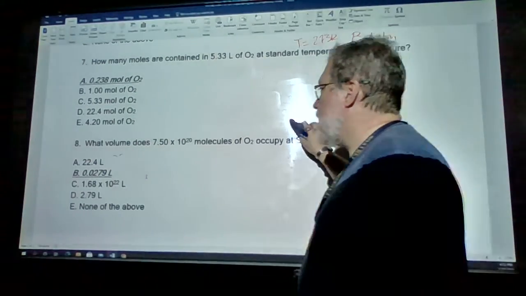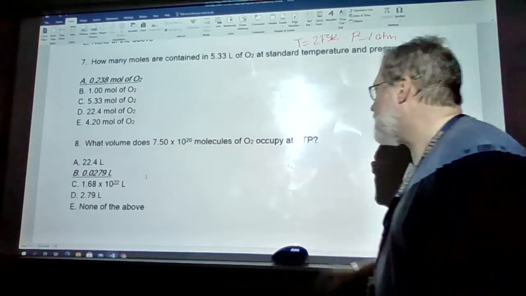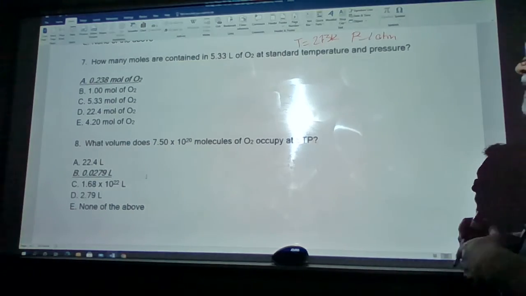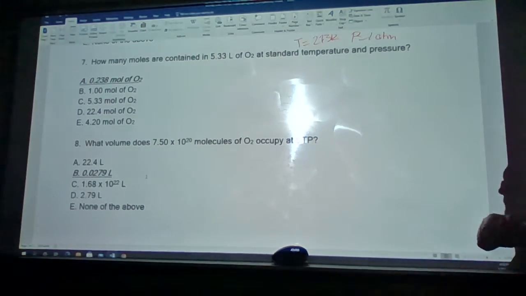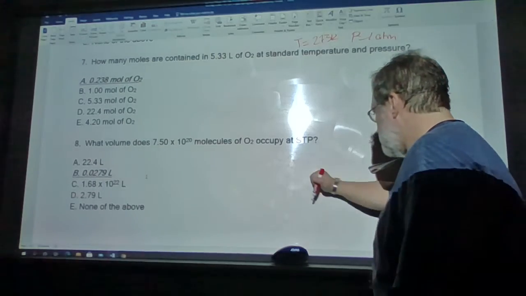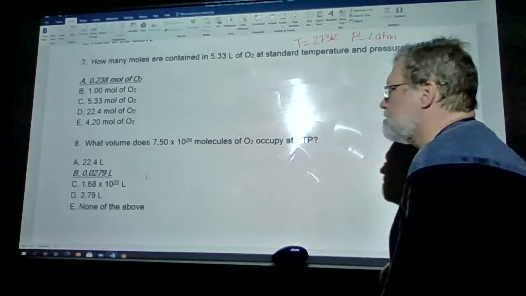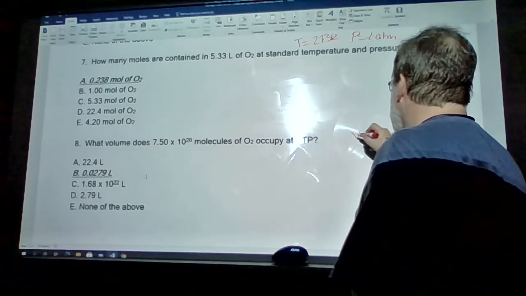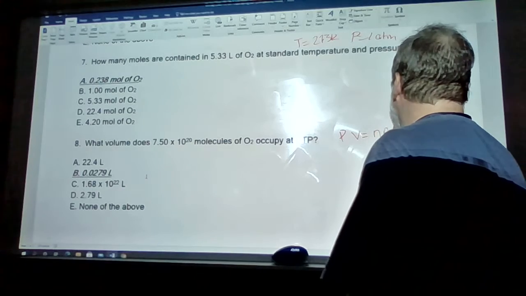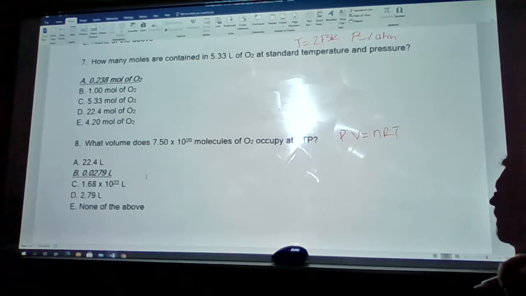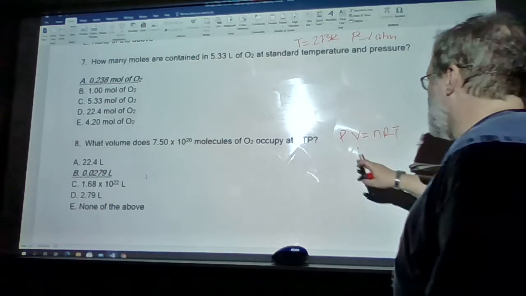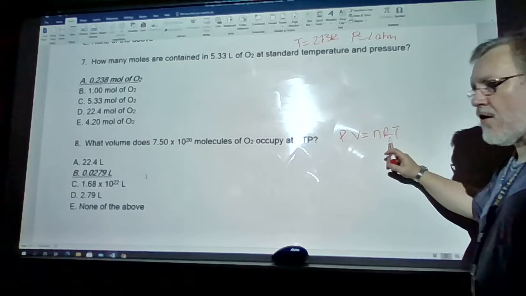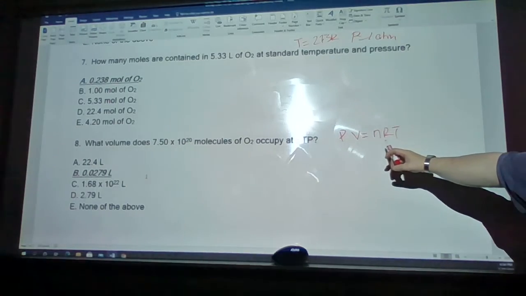Number 8, what volume does 7.50 times 10 to the 20th molecules of O2 gas occupy at STP? So we're looking for volume, PV equals nRT. So do we know pressure? Yes, 1 atm. Temperature? Yes, 273. R, we know, 0.0821.